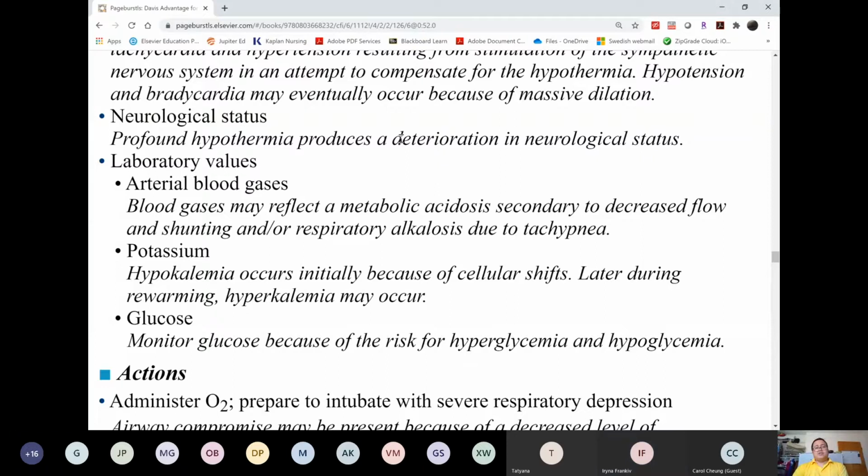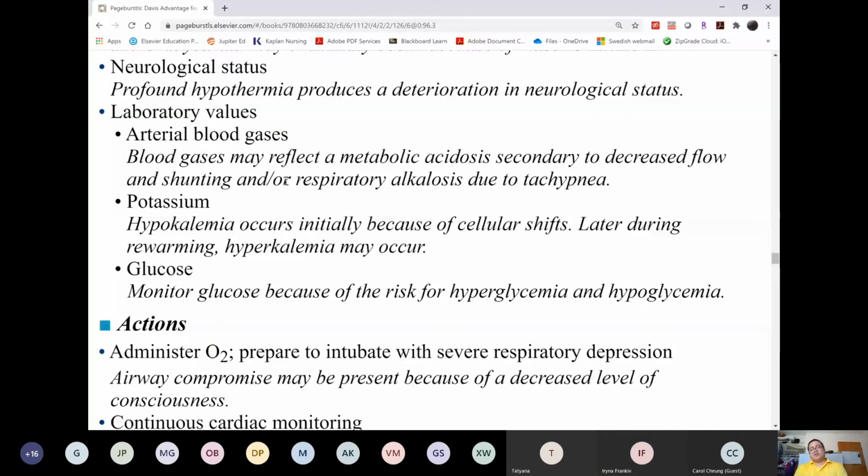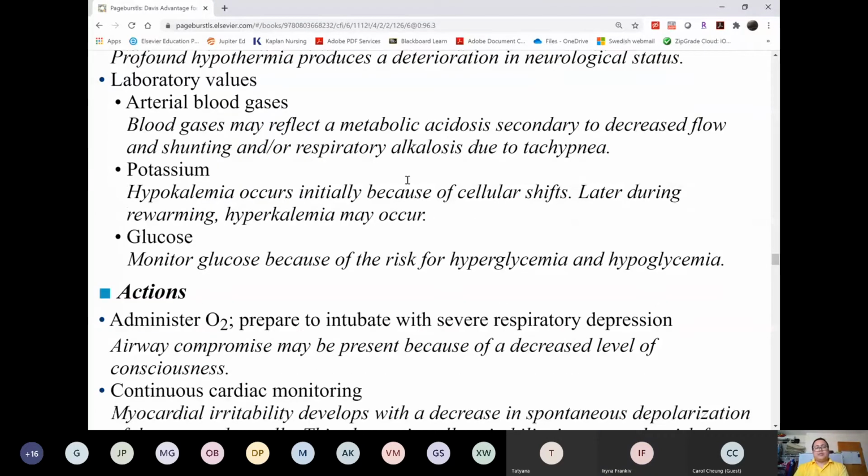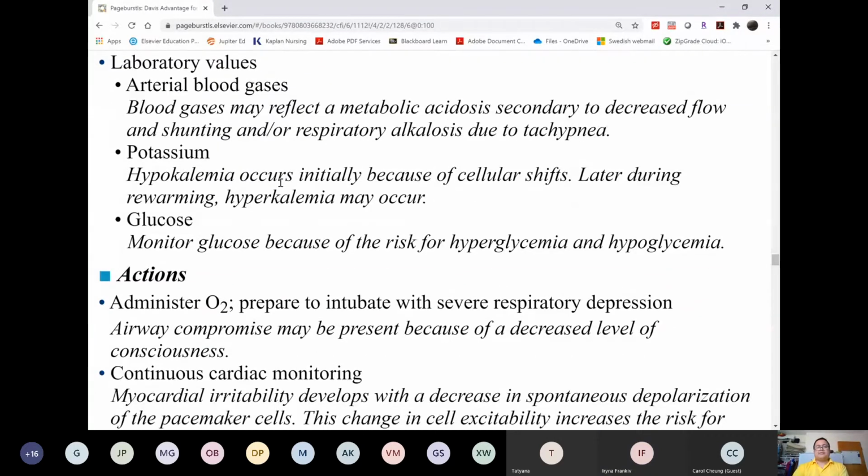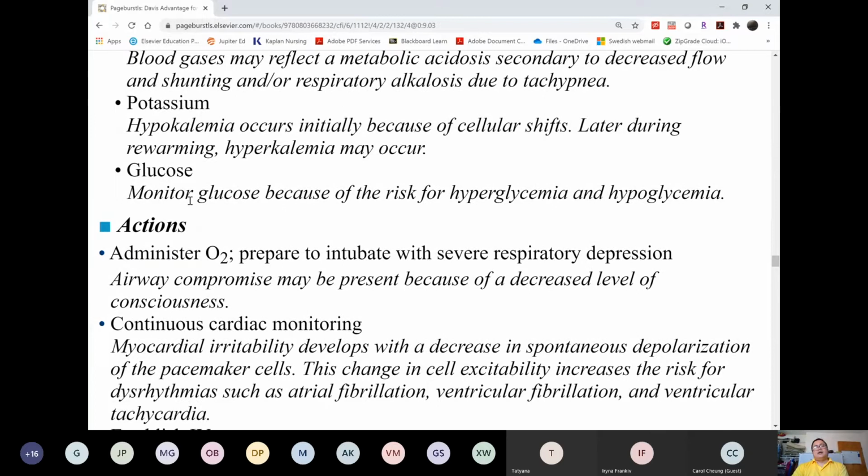Lab values, again, ABGs will show acidosis, the same as in hyperthermia. And then there will be hypokalemia here initially, but later as the cells die, you'll have hyperkalemia. Glucose will follow the potassium pattern.